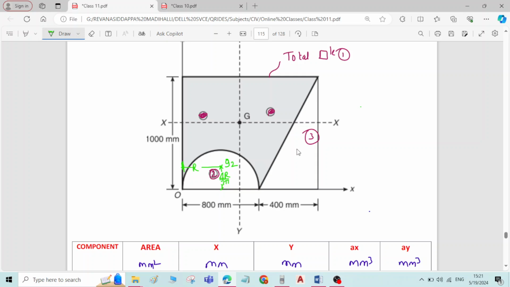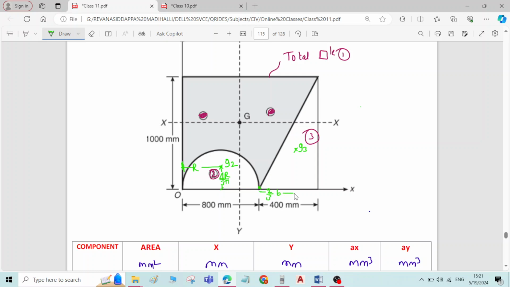And similarly, if I take G3 as the centroid of the right angle triangle, x bar will be equal to 2/3 of b, since x bar is measured from the end point of the right angle triangle.